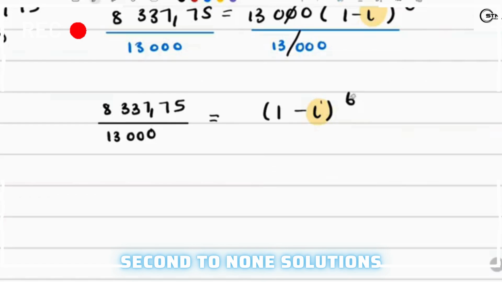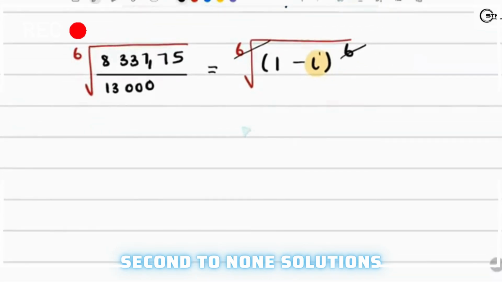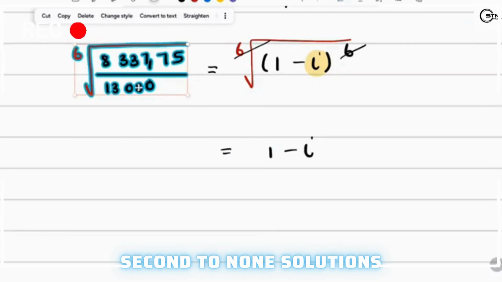That would be the 6, because it's being raised to the power of 6. To reverse that, we take the 6th root of both sides. The 6th root of this side and the 6th root of that side, of course, because it's an equation. The 6th root and the power of 6 cancel each other, and then you just have 1 minus i, and over here, you just have everything here.